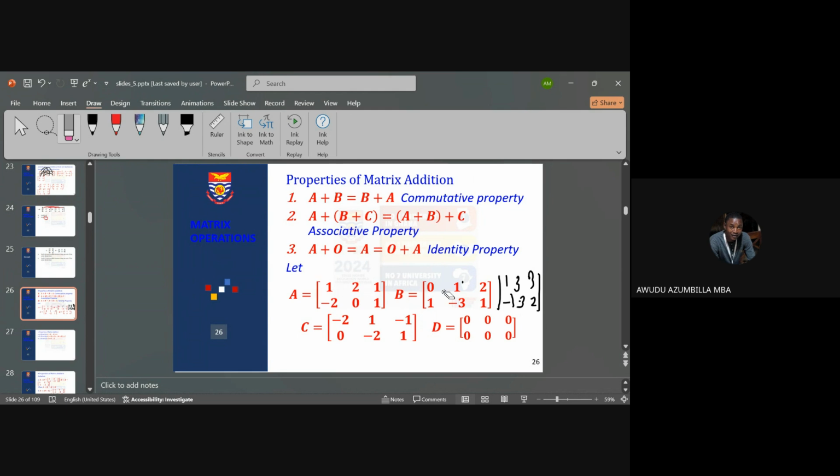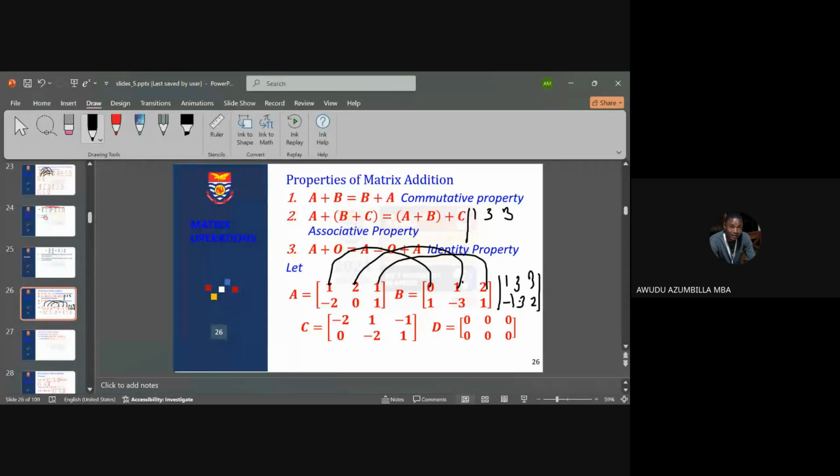You want to know whether B plus A will also be the same. So you can do the same thing, B plus A. So we are adding B to A. You are going to get 1. You have 1 plus 2, you are going to get 3. And you have 2 plus 1, you are going to get 3.